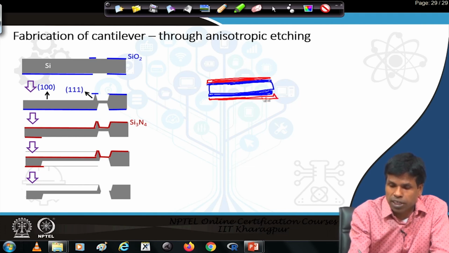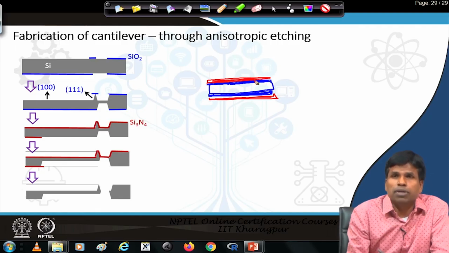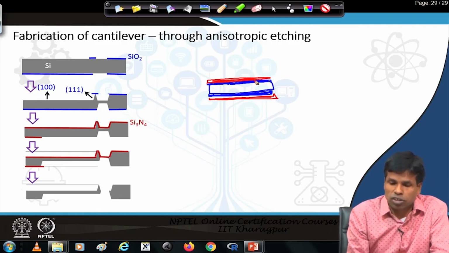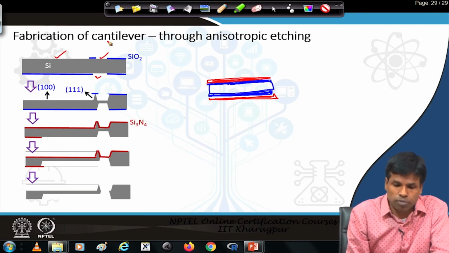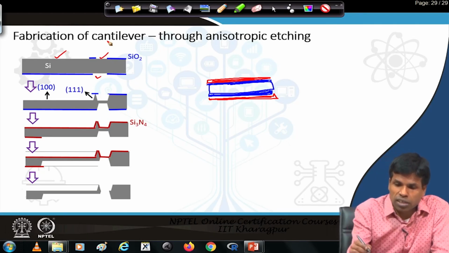After coating the resist material, some region can be removed and other regions are not necessary to remove. In this particular case, this region is removed, this region is removed, three different regions are removed.